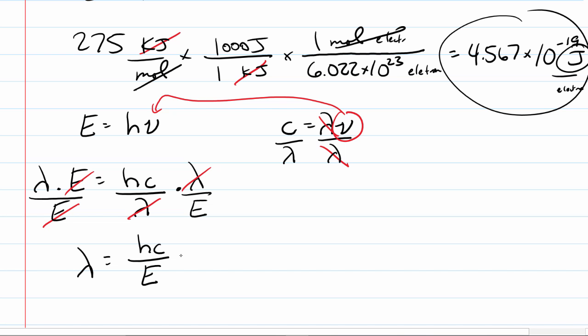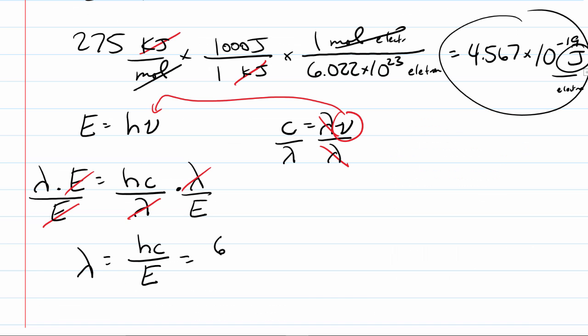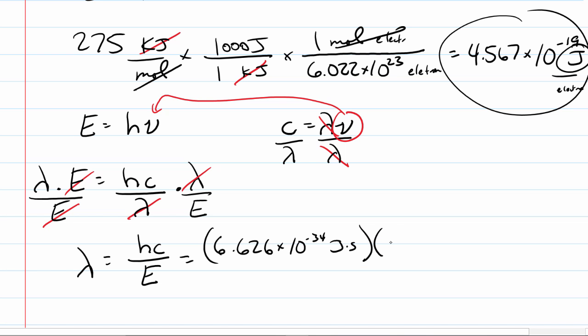Well, now we can substitute in our values. Planck's constant is 6.626 times 10 to the negative 34th joule seconds. c is 2.998 times 10 to the 8th meters per second.